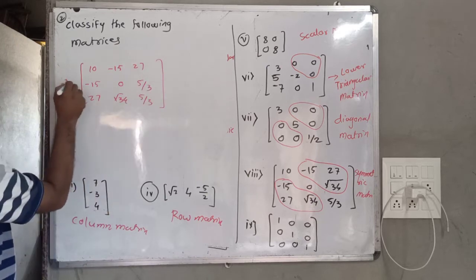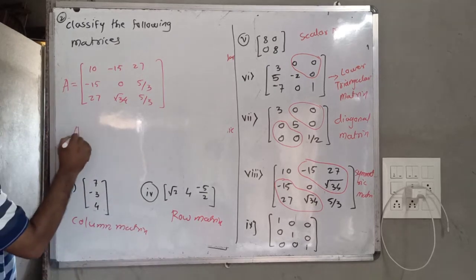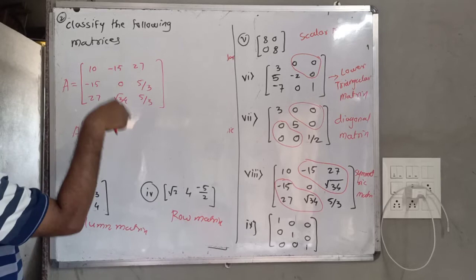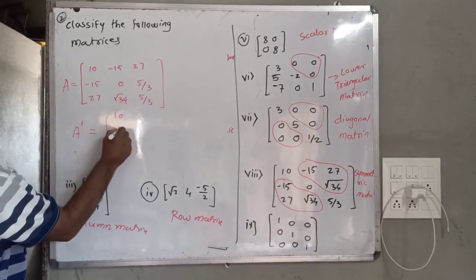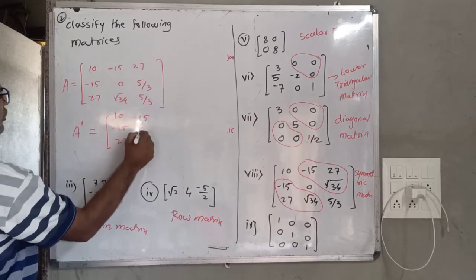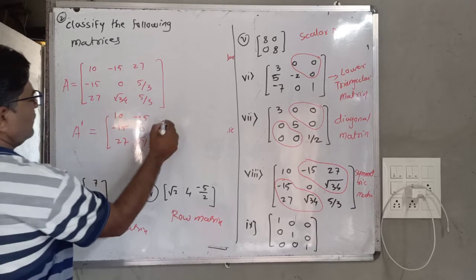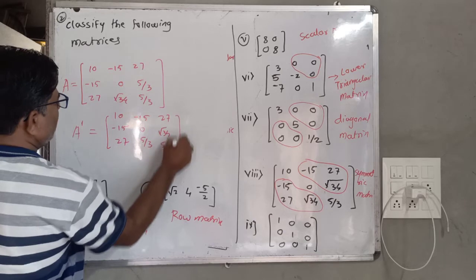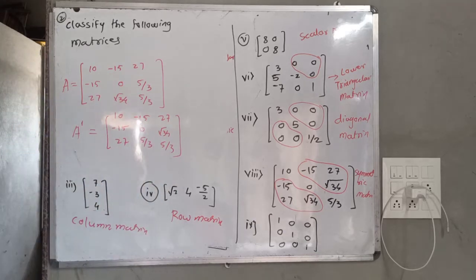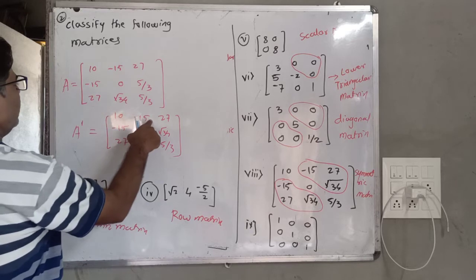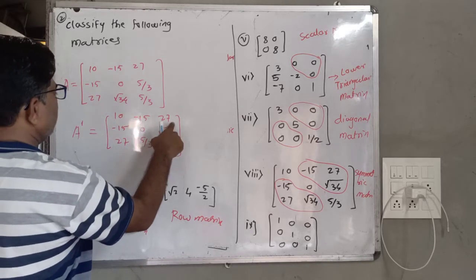If you take a transpose of this matrix, then rows become columns and columns become rows. 10, minus 15, 27; the row becomes a column: minus 15, 0, 5 by 3. This is a row, it will be a column now.